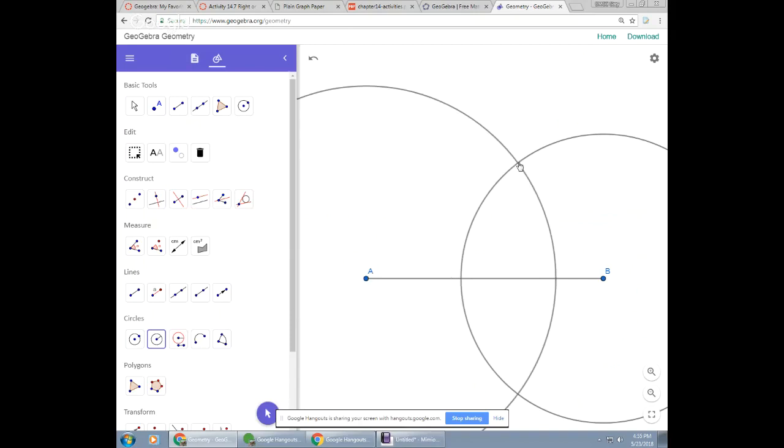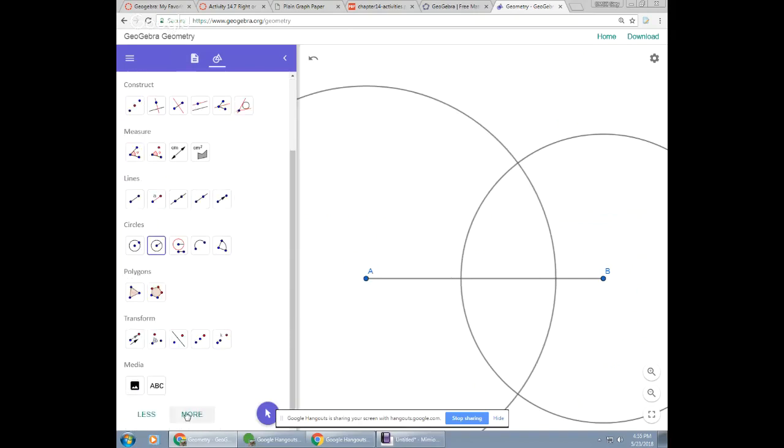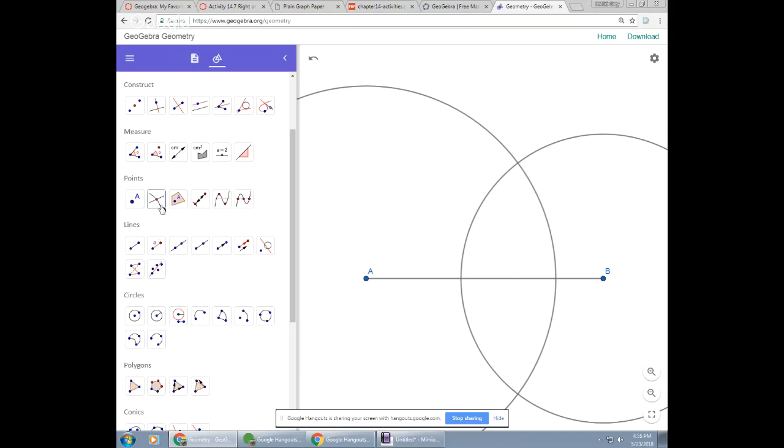And then I want to see where they meet. So then I go more, and I grab the intersect tool, and I point to the intersection. It tells me the point they meet at, and then I can build that triangle from A to B to C, back to A. And that looks like a right angle there.